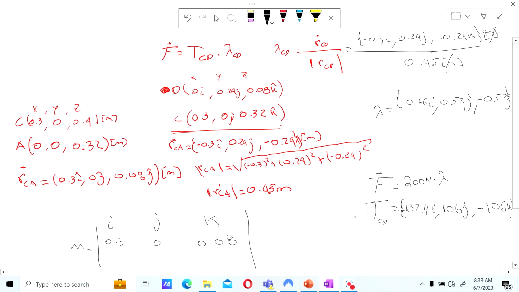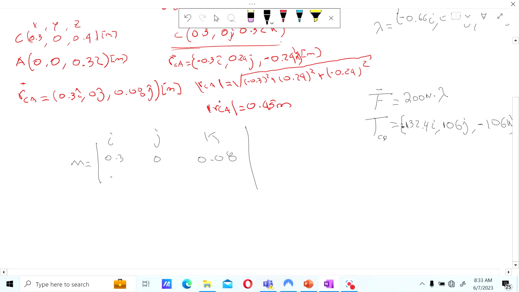And the force is the tension at CD, and that tension was negative 132.4, 106, negative 106. So all these things are in meters, and these ones are in newtons.